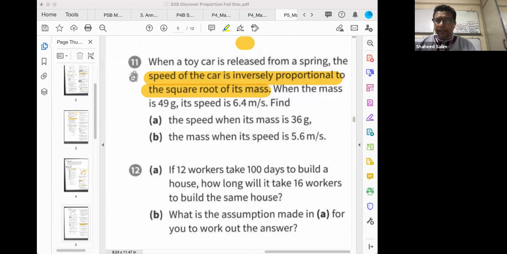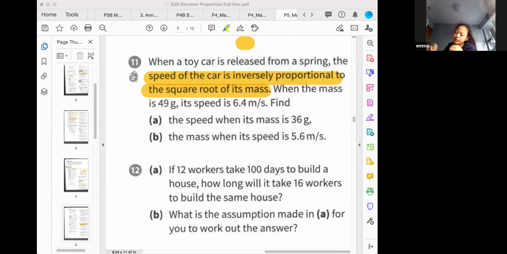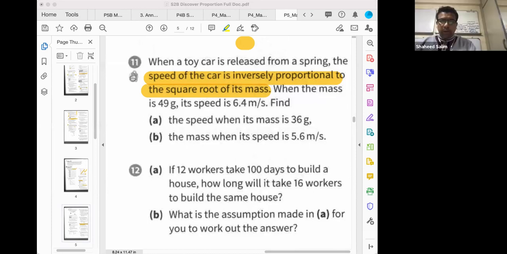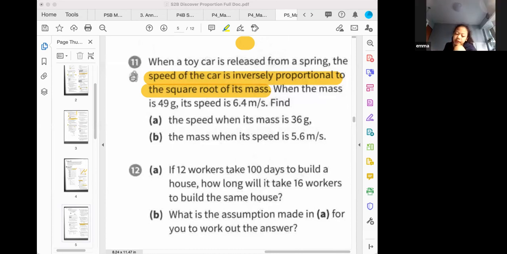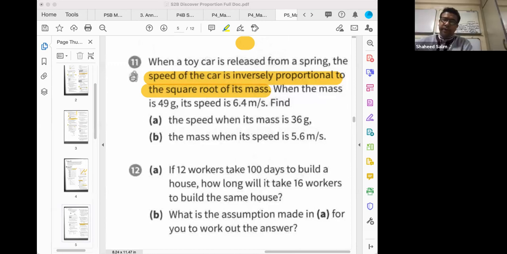You find your K? 1200. Okay, good. All right, now can you try with 16 workers? How long will it take? 75. Yes, only 5 days. Okay, more or less.